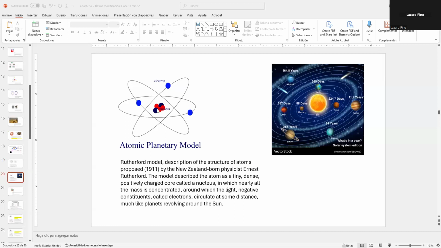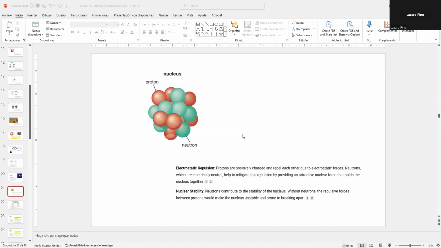In the same way, he said that the nucleus was in the center of the atom and the electrons were spinning around this nucleus in a similar way as the planets are going around the sun. That's why his model was known as the atomic planetary model.